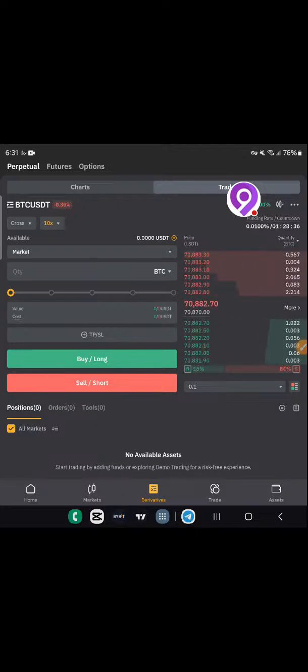On futures trading you can trade both sides. If the market is going down, you can take advantage to make profit. If the market is going up, you can also take advantage to make profit. Then on futures, you can use leverage, and you can also use either cross margin or isolated margin. Every other thing is the same.